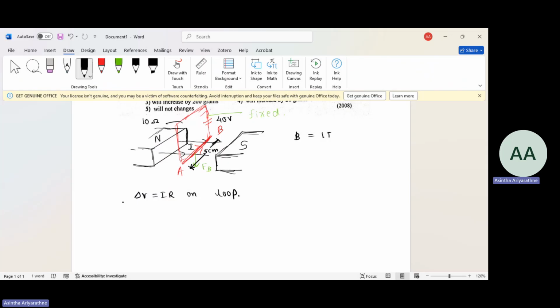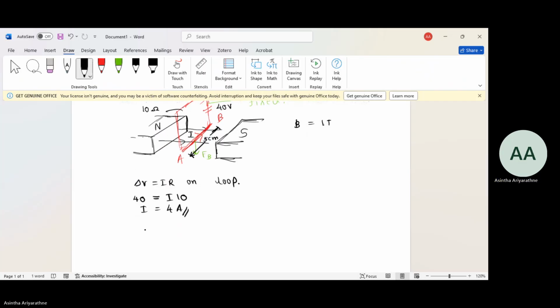Delta V is equal to 40, R is 10, so I is 4 amperes. Then we can use F equals BIL.